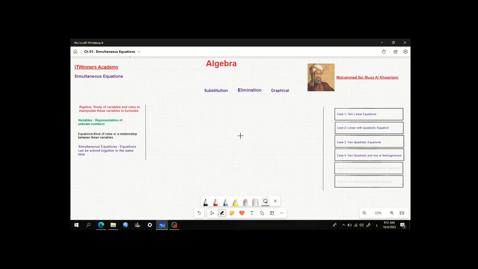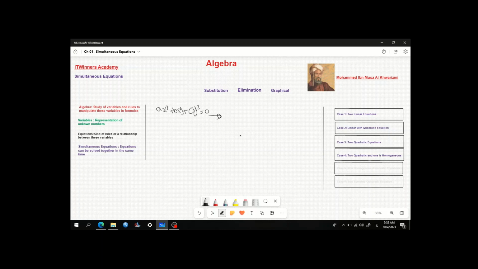Now, what's a homogeneous equation? A homogeneous equation is just in this form: ax squared plus bxy plus cy squared equal to 0.